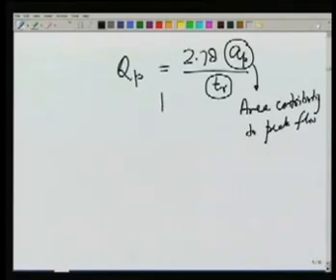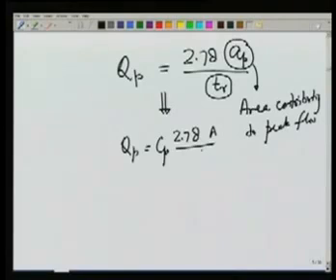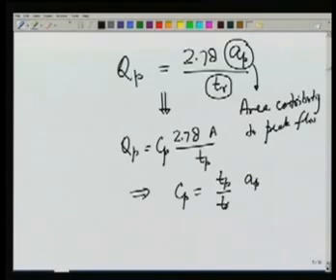If we want to write this in terms of Snyder's equation, which is QP equal to CP, what we get is the value of CP as TP by TR into AP by A. TP by TR as per Snyder is equal to 5.5.